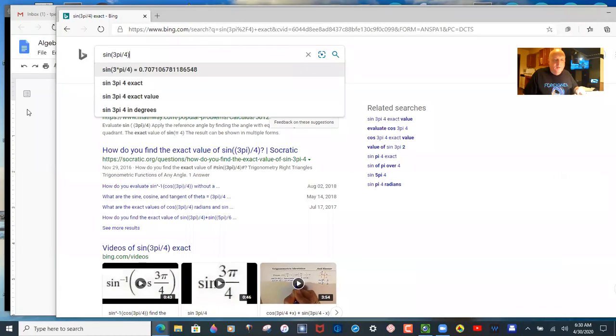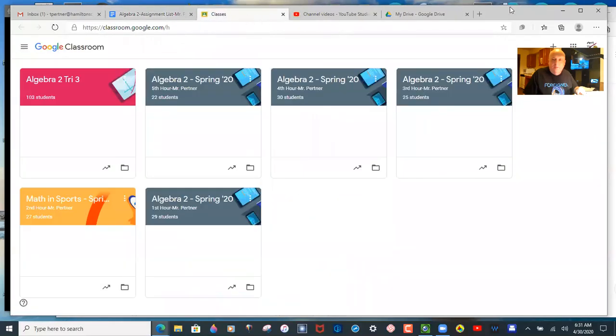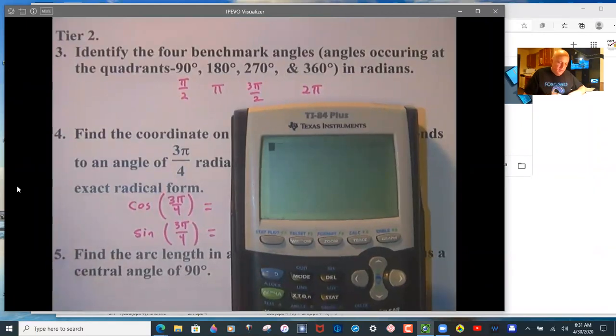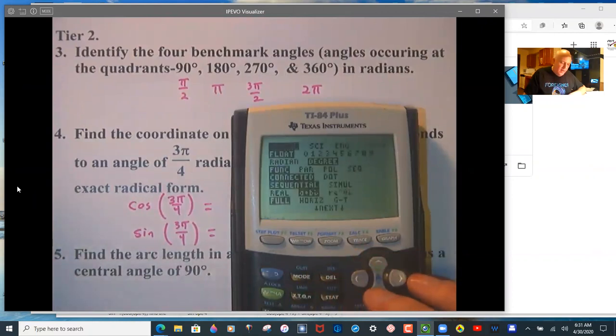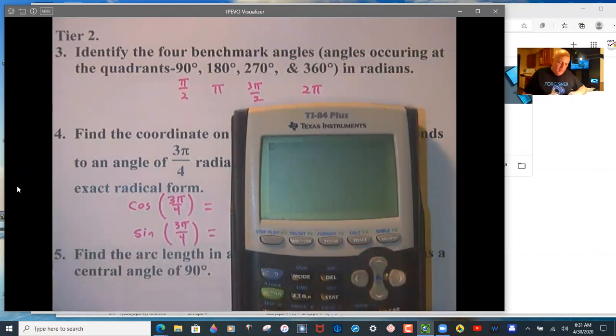Again, this will do it. That's the square root of 2 over 2 that I want you to have memorized. This will do it. And it's good to know that you can just literally type things into an internet search bar. You'll have to go to your mode and change to radians on the calculator though. And this will give what you need.